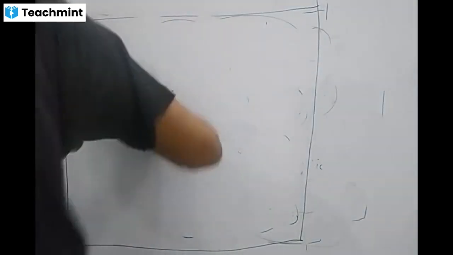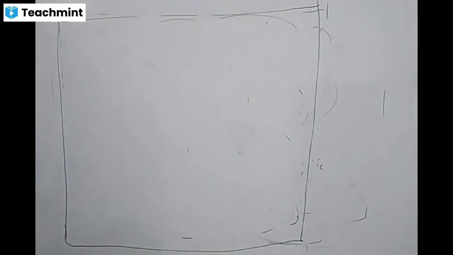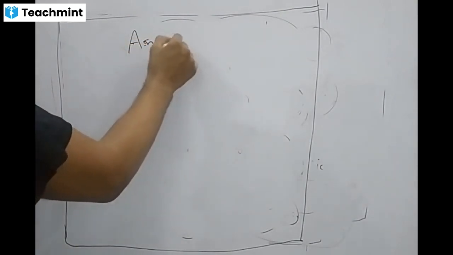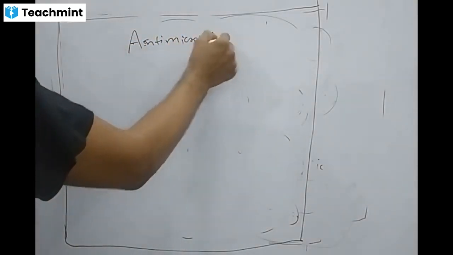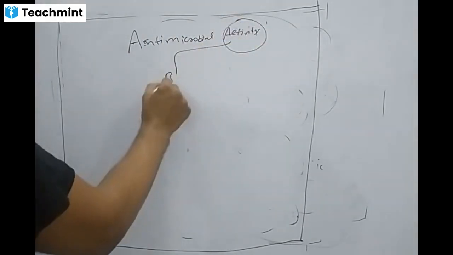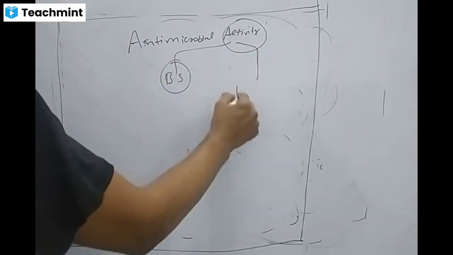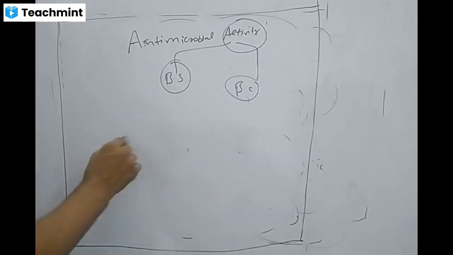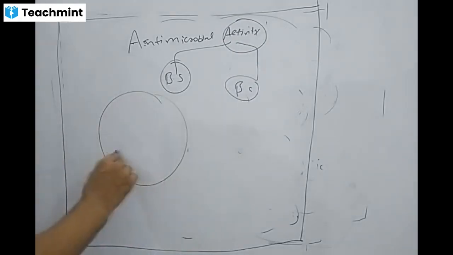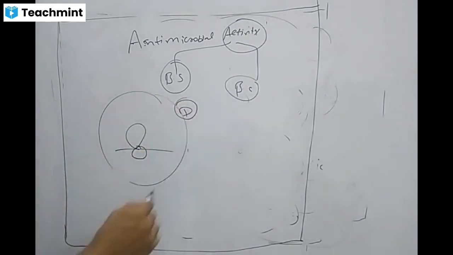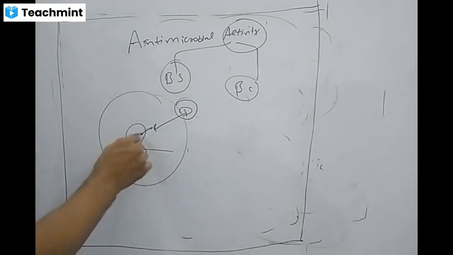Then antimicrobial activity. There are two types of activity. The activity against bacteria may be bacteriostatic or bactericidal. Static means, suppose this is the cell of the bacteria having ribosome. This drug will come and bind and stop the protein synthesis.